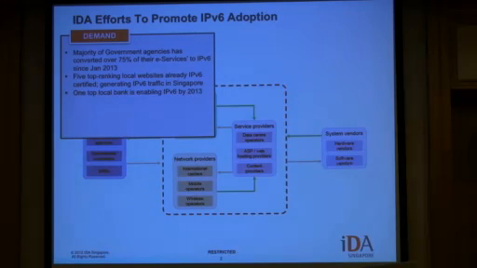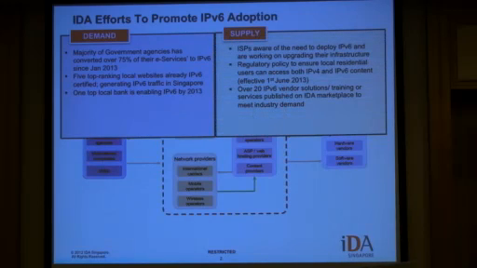And even our top local bank is now in the process of migrating to IPv6. So we try to stimulate a demand in that aspect. On the supply side, many of our ISPs are in various stages of planning to support IPv6.